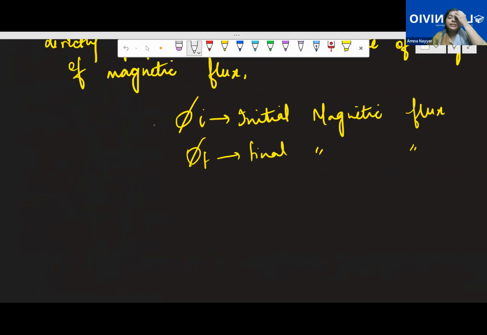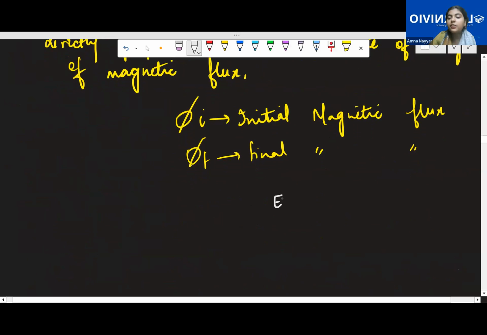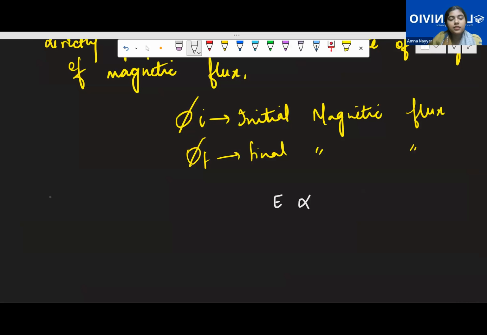Look, class. Basically, Faraday said that the EMF which is induced is directly proportional to the rate of change of flux. Now, rate of change of flux means d phi over dt, flux changing with respect to time.